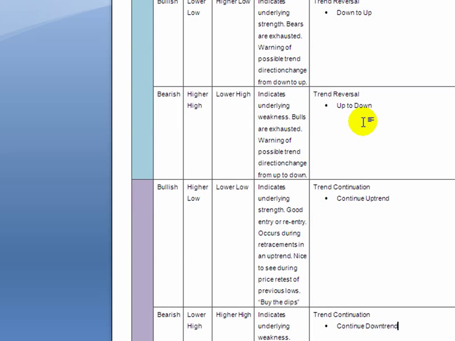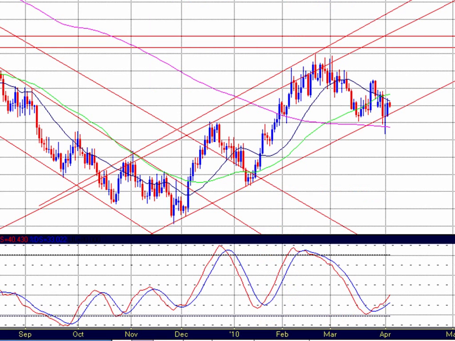So what is a bullish continuation pattern? The bullish continuation pattern really should show me a higher low on the price pattern, on the prices, and a lower low on the stochastics. So I'm looking for a higher low followed by a lower low.